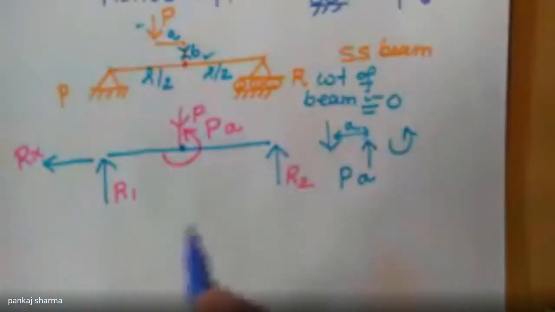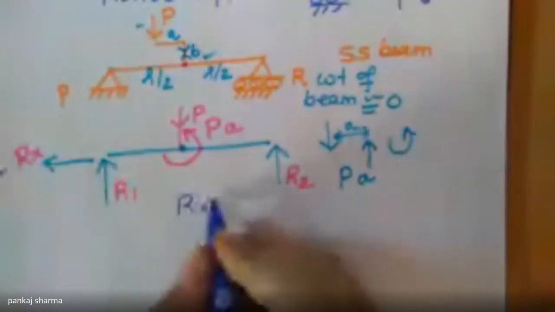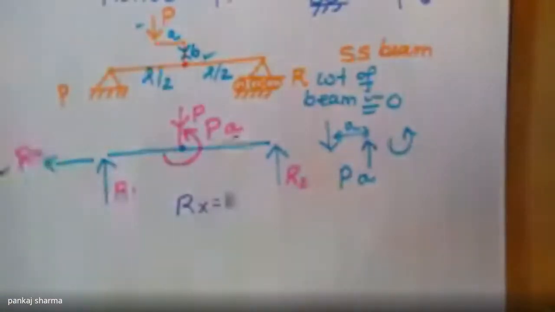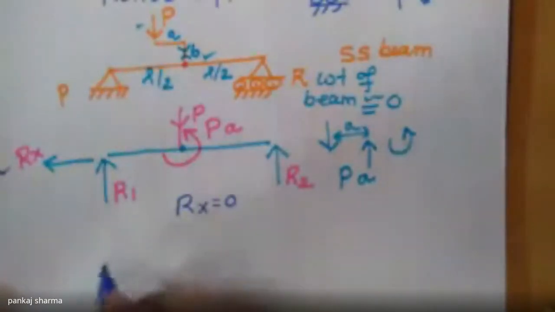There is no horizontal force acting on the beam, so the value of Rx becomes 0. I already said that the values of reactions depend on the external loads. If the acting load is 0, the reacting load will be 0. So in this case, Rx is 0.